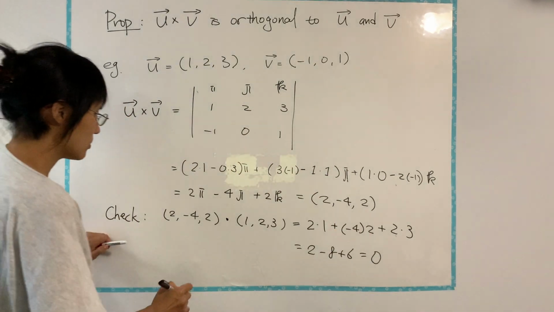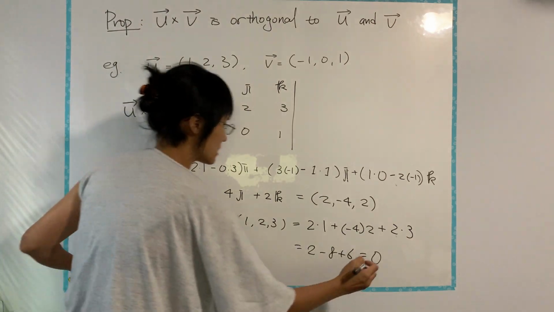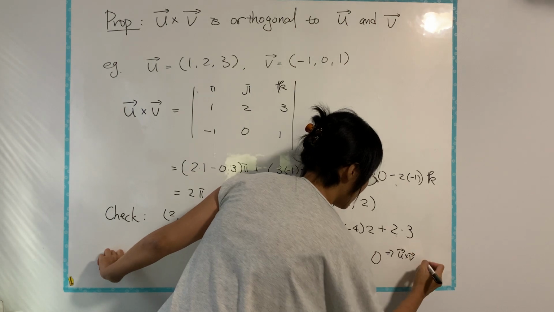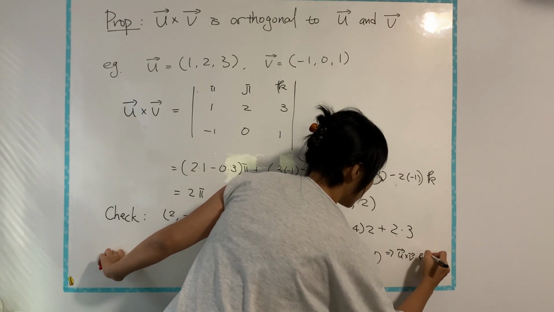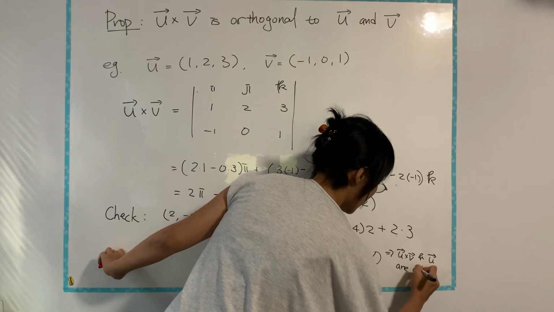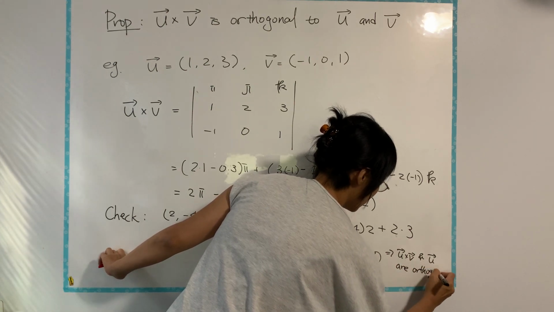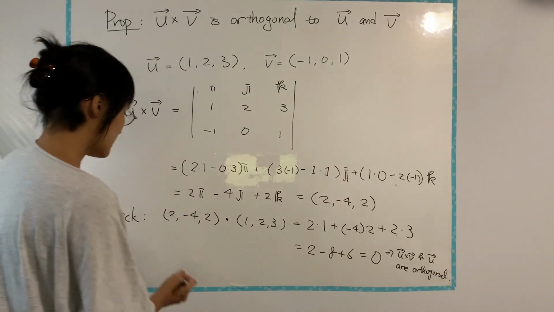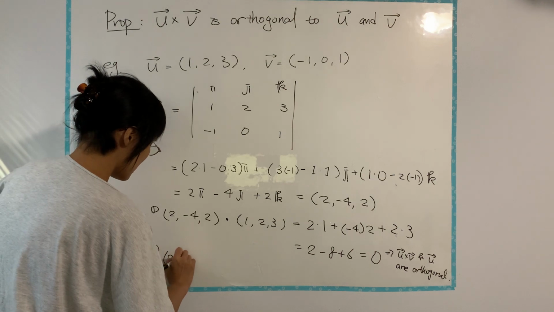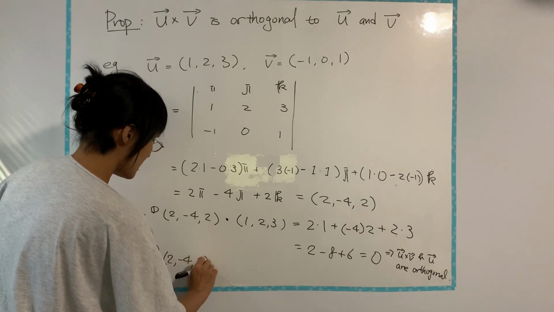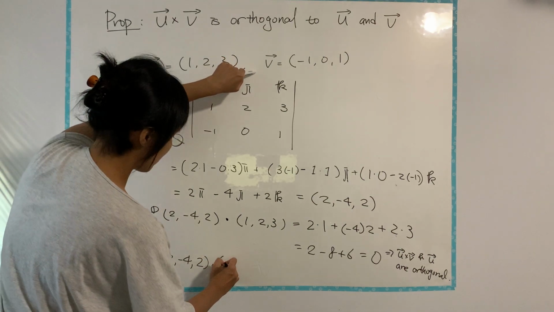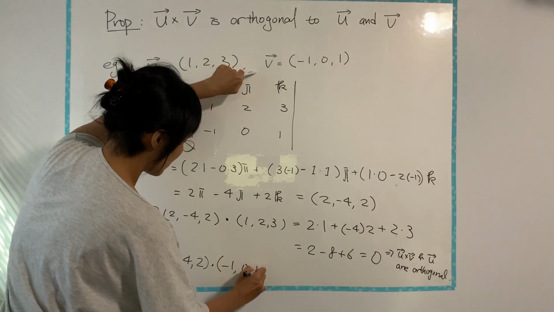So what do we know? We know that the vector u cross v and the vector u are orthogonal. And similarly, you can check u cross v with the v vector, minus 1, 0, 1.